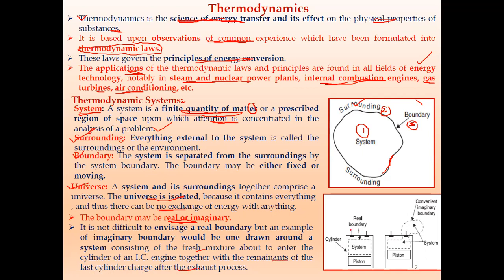So there will be two boundaries. It may be a real boundary, as in a system where a piston-cylinder arrangement is there. Here is the system, and this cylinder will be a boundary.